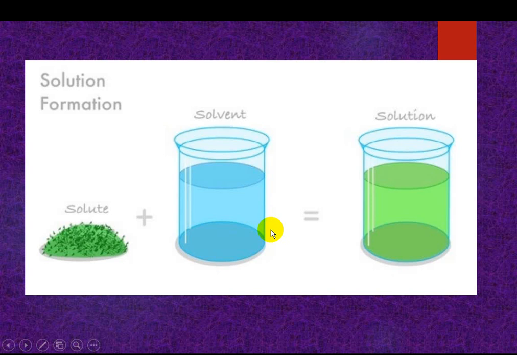Okay, look at this solution formation. Look at the picture. This is a solid substance, the solute, and this is the solvent, and solute plus solvent form a solution.